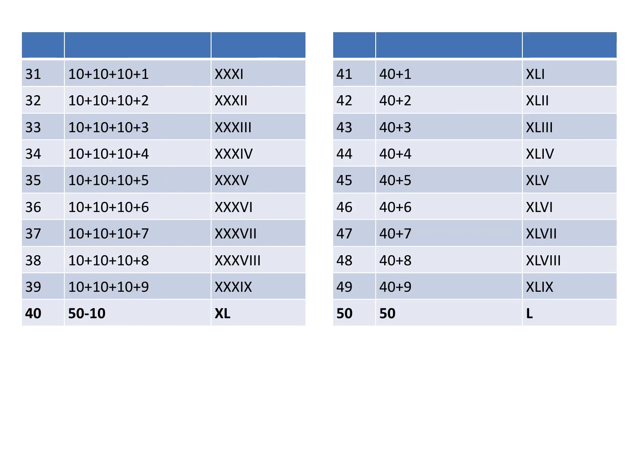Next, for writing 40, 50 minus 10. If we write XXXX, it is wrong, because one letter can be repeated maximum 3 times. 4 times it is never repeated. So for representing 40 we write XL, that means 50 minus 10.